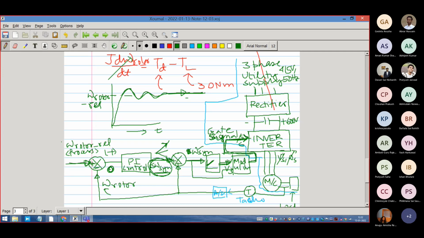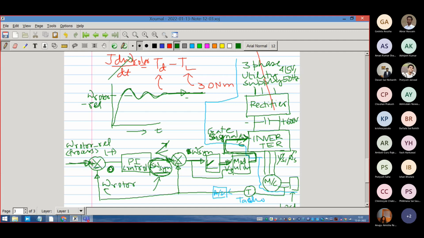And that is the first demand, that you run this at the desired RPM. Why might it not run? It might not run because your torque development was not correct. And why was your torque development not correct? Because you didn't get the correct amount of slip frequency. So what do you do?